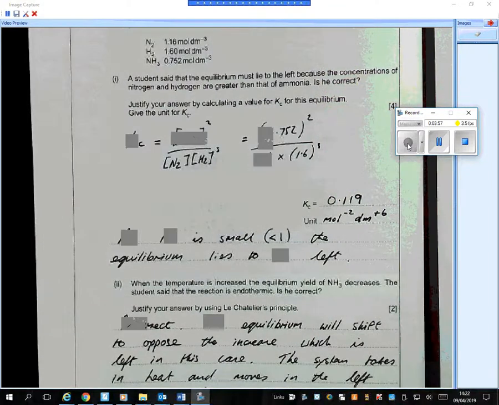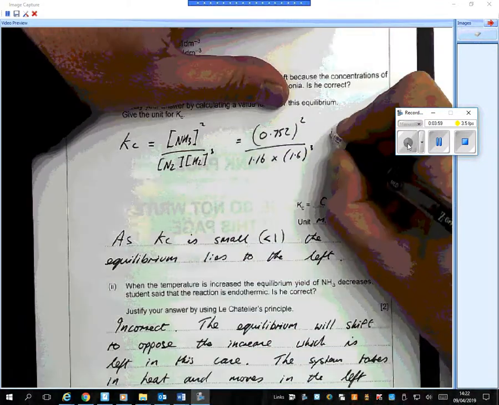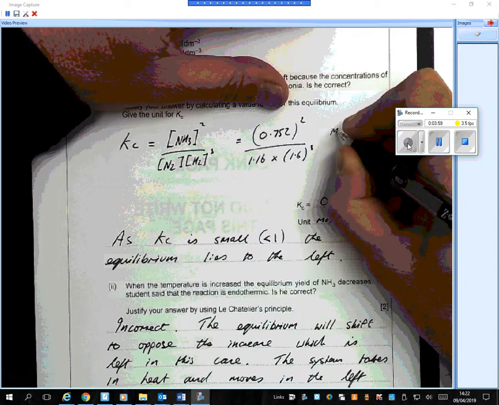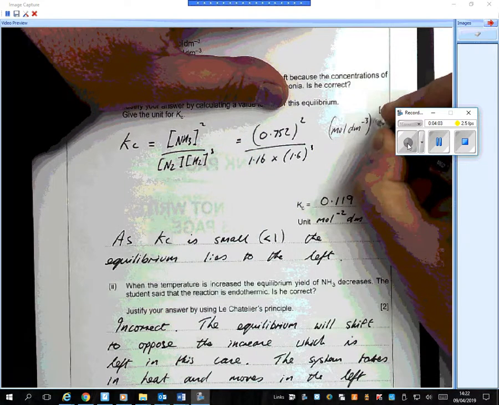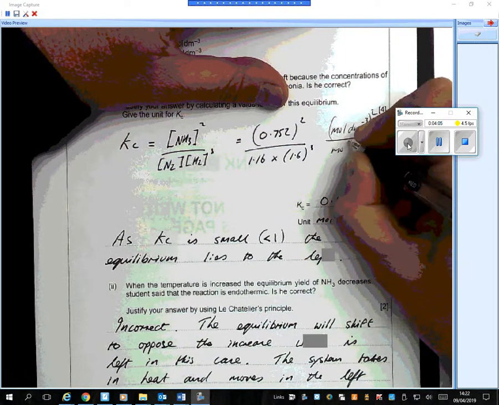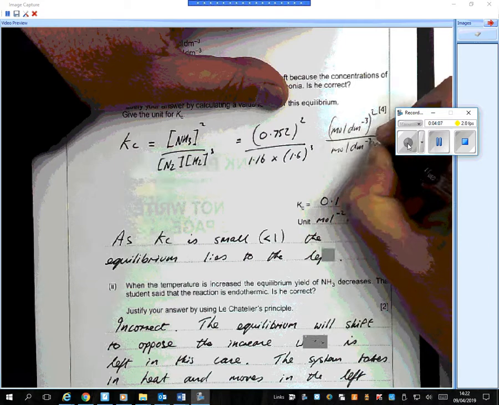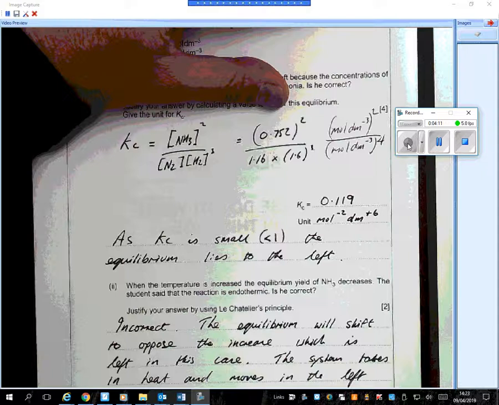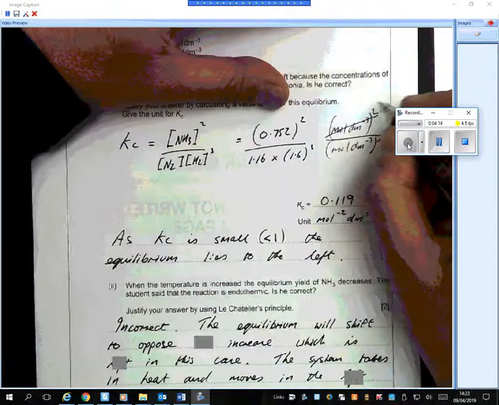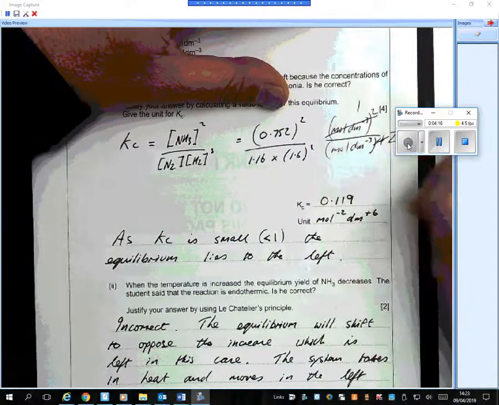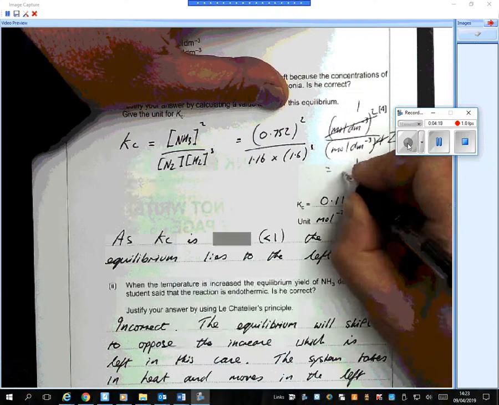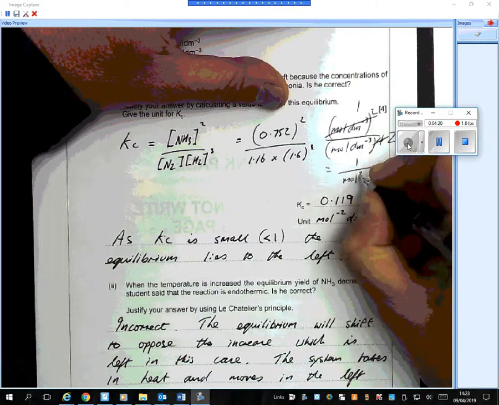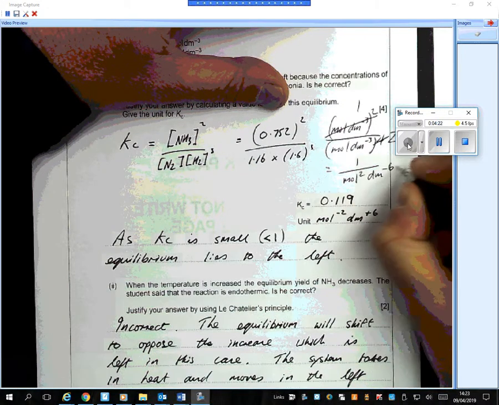So in effect what you've got is moles per decimeter cubed squared over moles per decimeter cubed to the 4, 3 there and 1 there. If you cancel those down, that goes once, that'll go twice, so that equals 1 over moles squared dm to the minus 6.